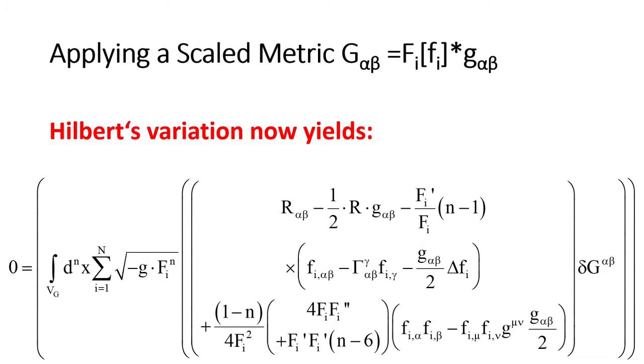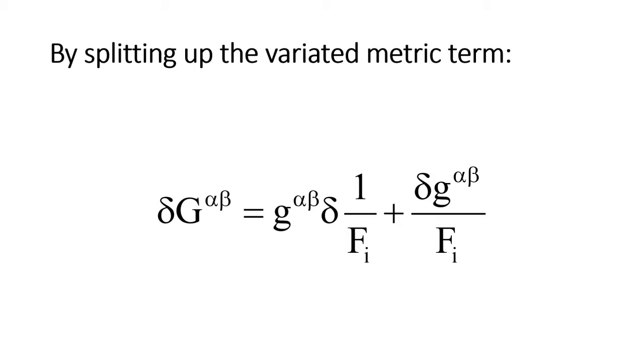Things change, however, in a rather interesting manner when introducing a slightly adapted metric tensor with a scaling factor as shown here. Hilbert's variation then yields a much more complex kernel. At first, we split up the variated contravariant metric tensor into its scaling and its tensor part as shown here.